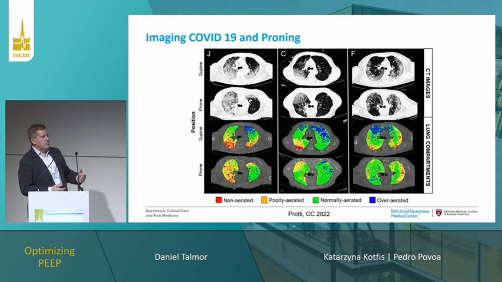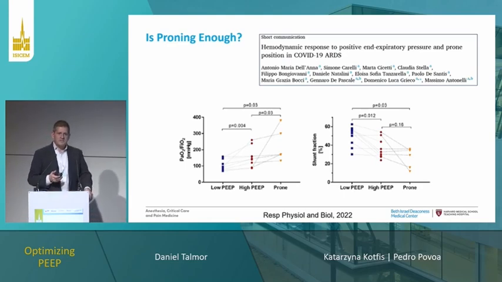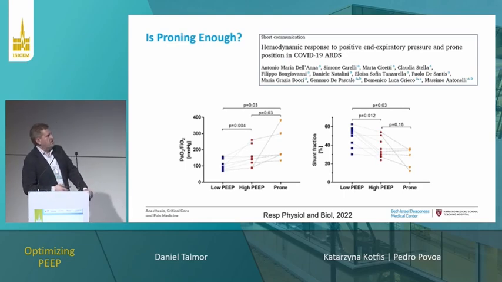All of these things probably mean that what we do specifically with PEEP may be less important. And there's only a couple of studies in the literature that have looked specifically at PEEP. This one here looked at the effects of low PEEP, high PEEP, and prone positioning on the P to F ratio, and you can see that moving the patient from low PEEP to high PEEP didn't give us much of an improvement in oxygenation, but proning substantially did.